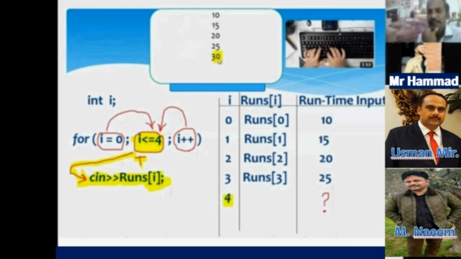Yes, sir. And I am writing this 30 in the table as well. After typing 30, I type the enter key. All right. This 30 will be stored in the memory location that I have specified in the scanf statement over there, that is the memory address of the array named runs within square bracket i.